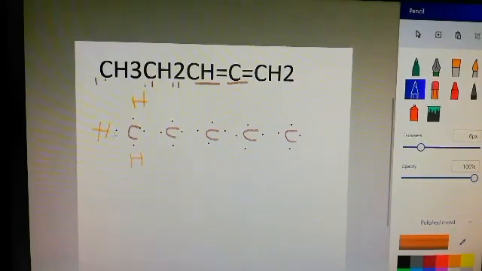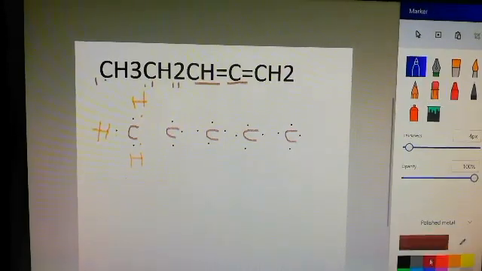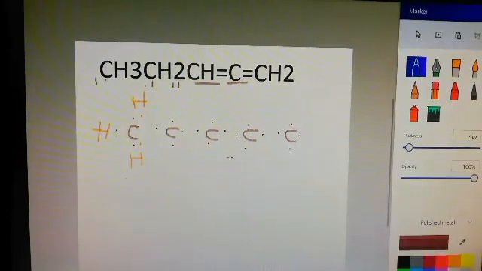So, meron siyang electron there. Dito, wala na siyang electron, right? Kasi nag-share na ang dalawang carbon. So, dapat pala ay nakaganito siya. Ayan. Hirap. Okay.